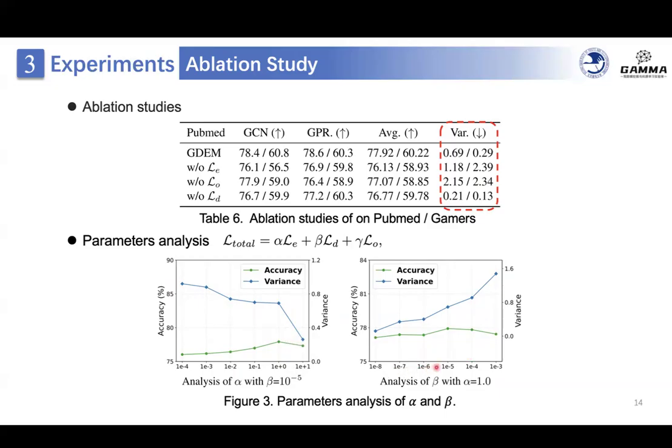On the other hand, as beta increases, the variance gradually increases. And when beta exceeds a certain threshold, the accuracy will decline, because the poor generalization negatively affects the overall performance.